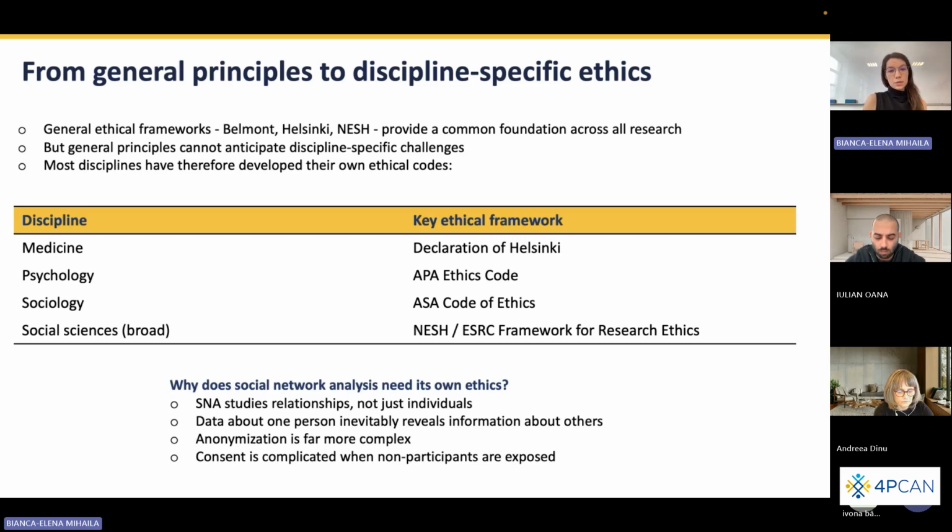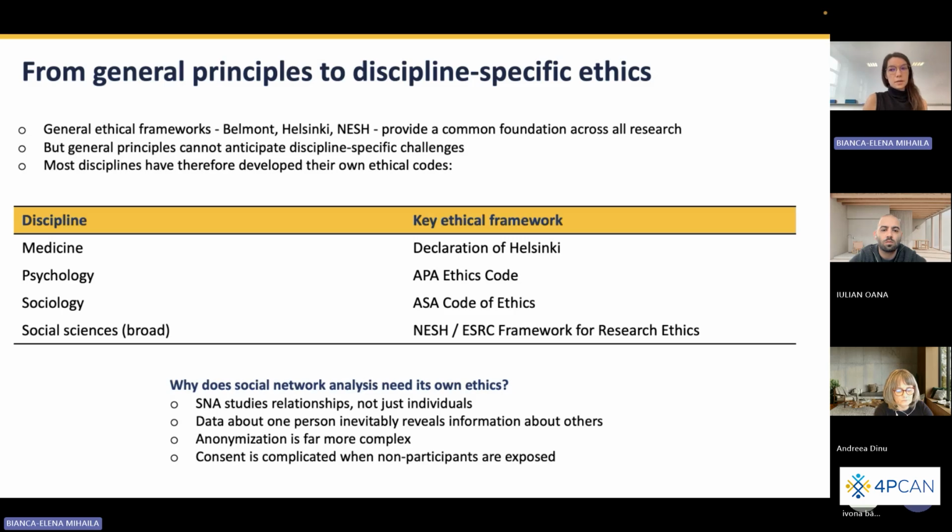And as you are now aware of this social network paradigm or social network methodology, you should know that social network analysis is not an exception in terms of ethical principles.